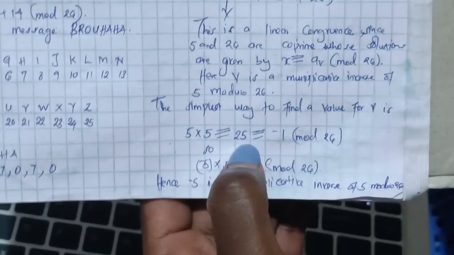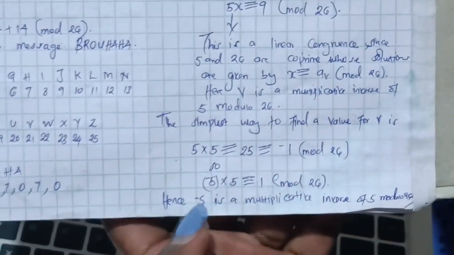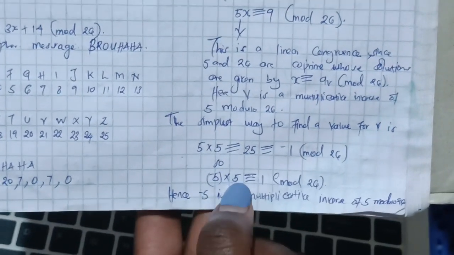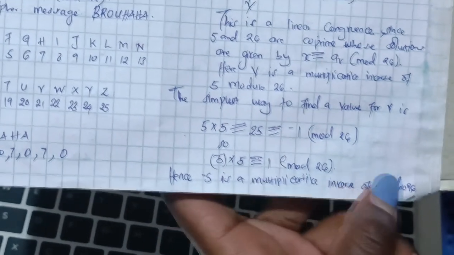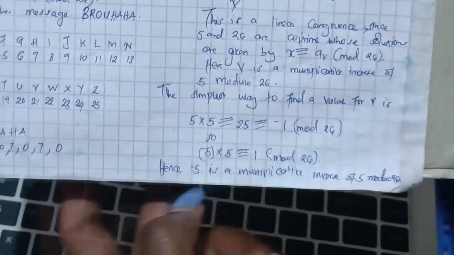So 5 times 5 is congruent to 25, which is congruent to negative 1 modulo 26. When you work it out, negative 5 multiplied by 5 is congruent to 1 modulo 26. Hence negative 5 is the multiplicative inverse of 5.